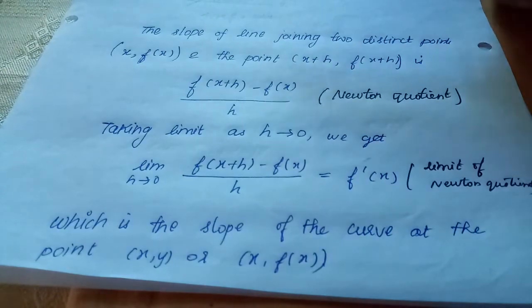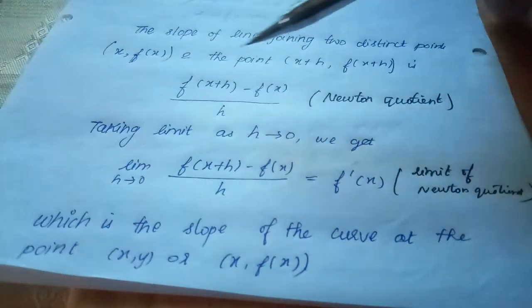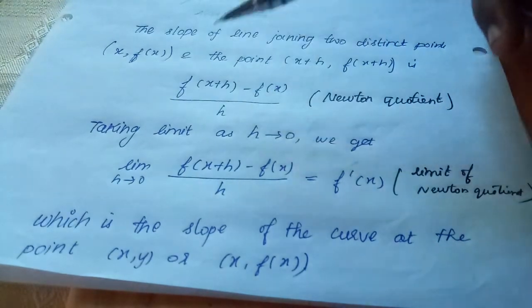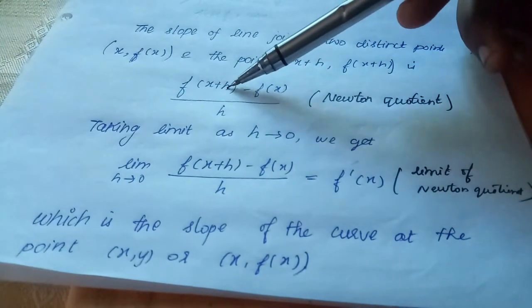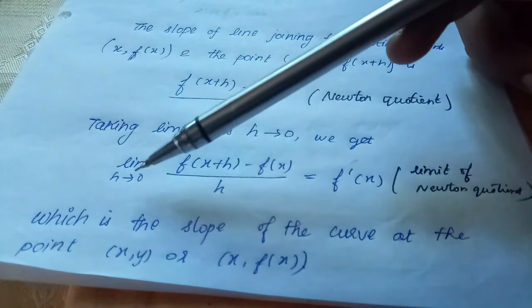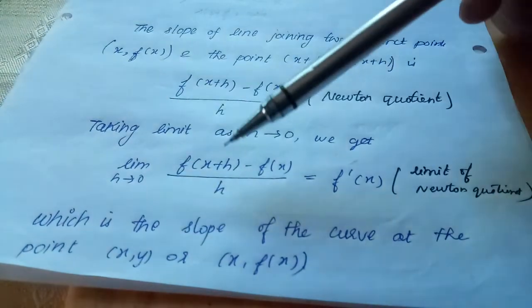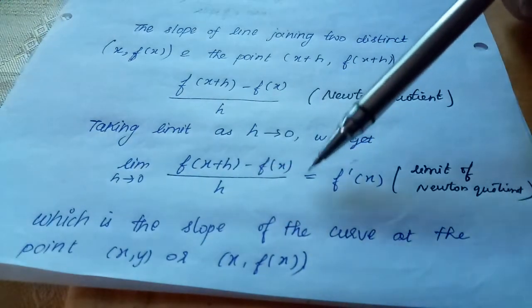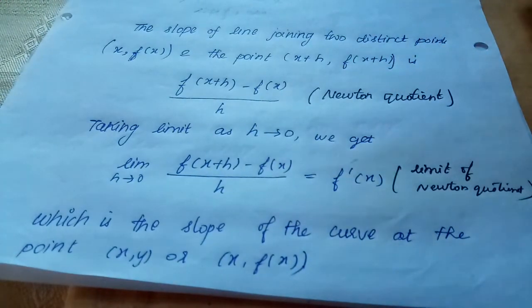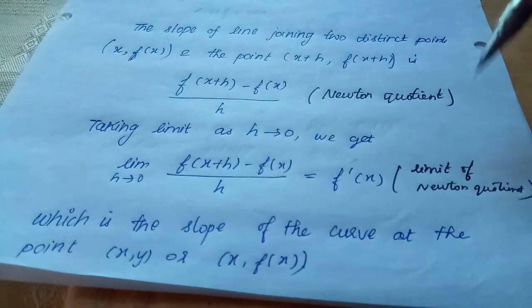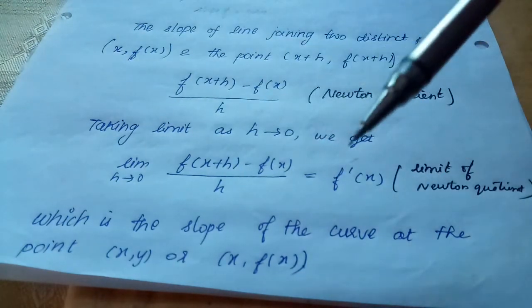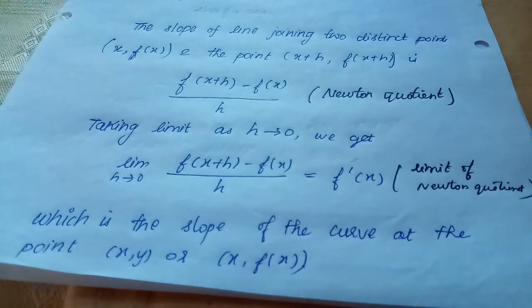Taking the limit as h tends to 0, we get the limit as h tends to 0 of f of x plus h minus f of x by h equals f dash of x. This is known as the limit of the Newton quotient, which is the slope of the curve at the point x comma y or x comma f of x.